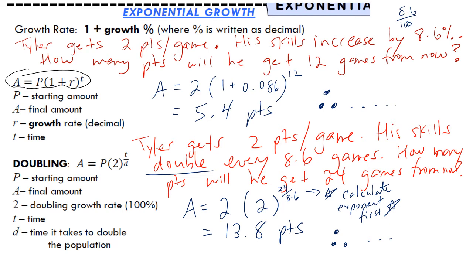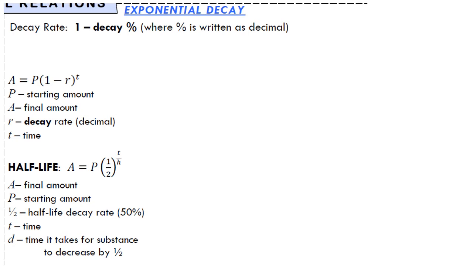The last thing in our review, exponential decay. And the only difference here for decay, remember, is that we have a minus because it's decreasing. So let's say, we'll stick with points.